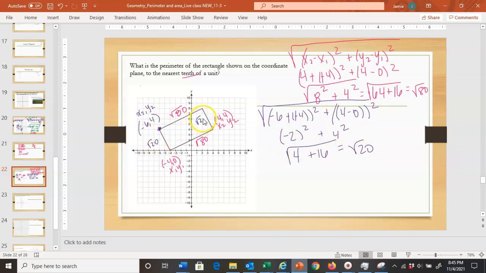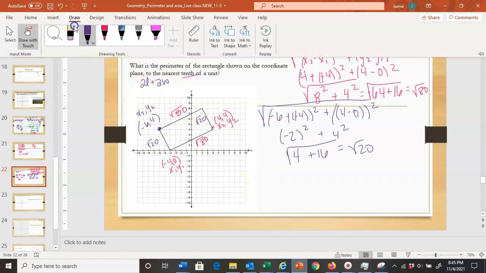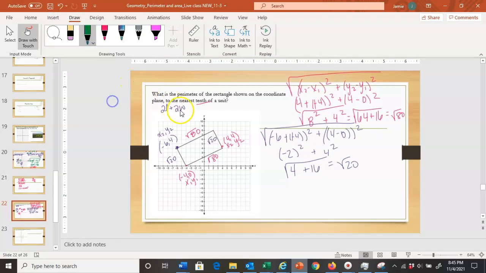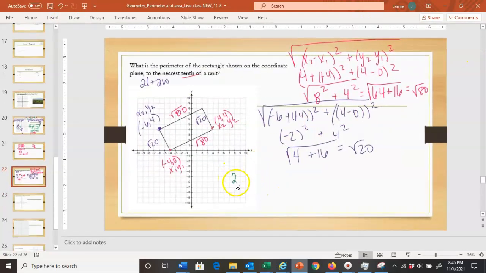Both sides. So it wants us to find the perimeter. So we have to add them up. Or remember, the perimeter of a rectangle is 2 times the length plus 2 times the width. So we could also do that. All right, so 2 times the length, 2 times root 80 plus 2 times root 20.